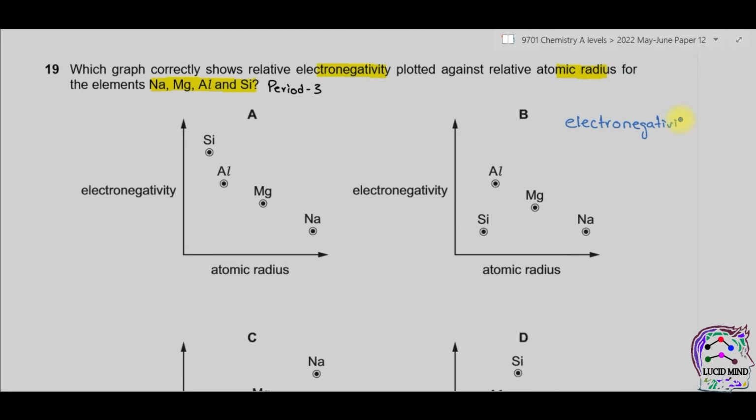So greater the number of protons, greater will be electronegativity. And also electronegativity is inversely proportional to size of atom. So smaller size means greater electronegativity. So in period 3, as we move along the period, the atomic size decreases, electronegativity increases.